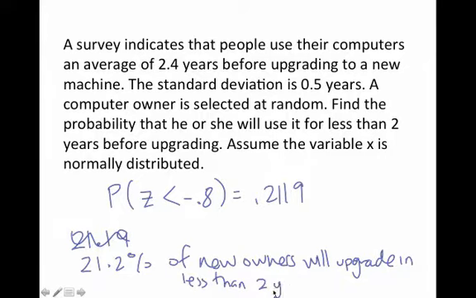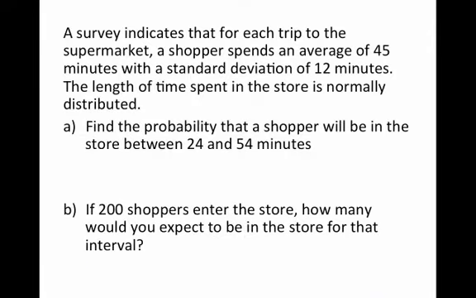Okay, so that's how you use a table. I'm going to do the next example using the calculator. So for this problem, a survey indicates that for each trip to the supermarket, a shopper spends an average of 45 minutes with a standard deviation of 12 minutes. The length of time spent in the store is normally distributed.